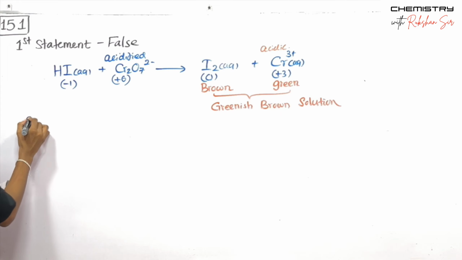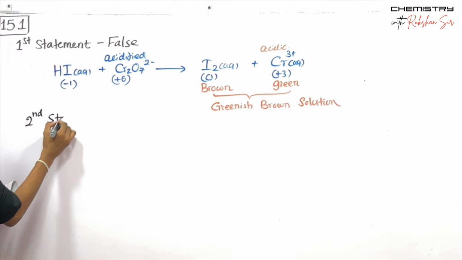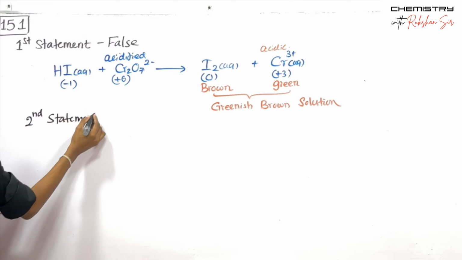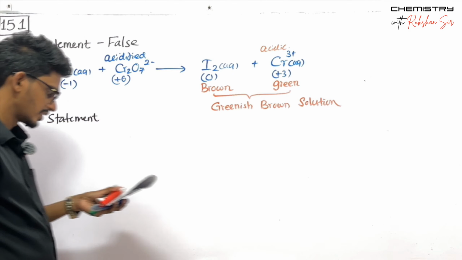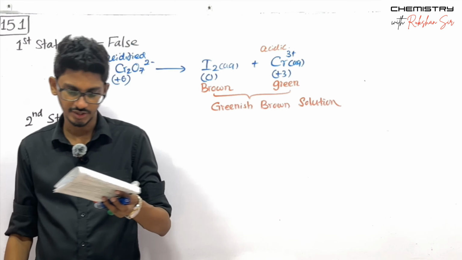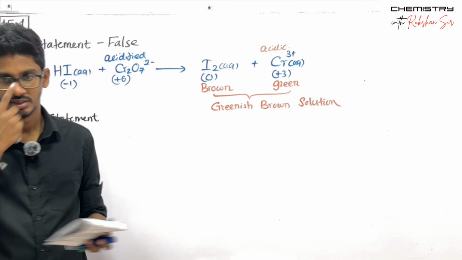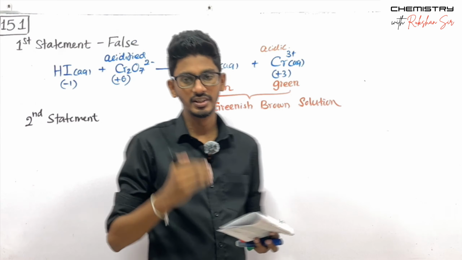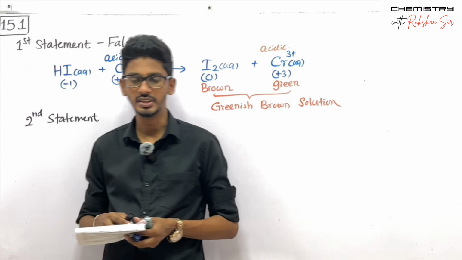Let's see the second statement. Second statement says aqueous Cr3+ ion solution is green in color. No, it is false. The acidified Cr3+ ions are the green colored stuff.